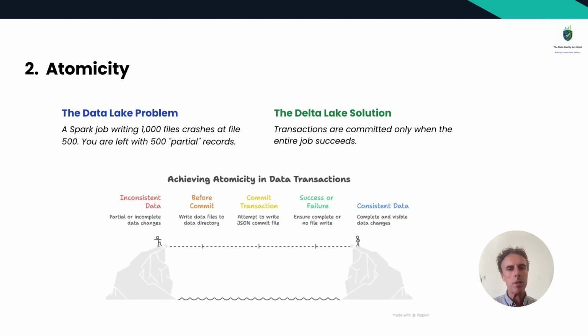The result is readers always look at the latest complete JSON commit file or checkpoint to determine the current consistent state of the table. So in short, transactions are committed to that _delta_log folder only when the entire job succeeds. If it fails, partial files stay on disk but are not seen by data readers. It's as if the failure never happened.